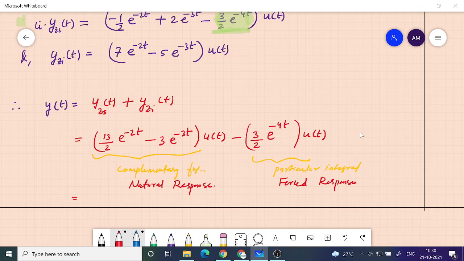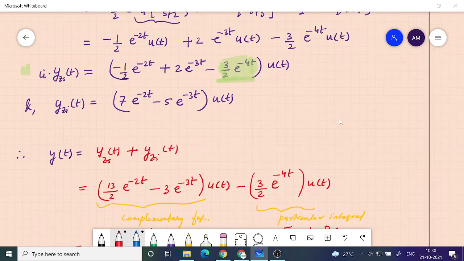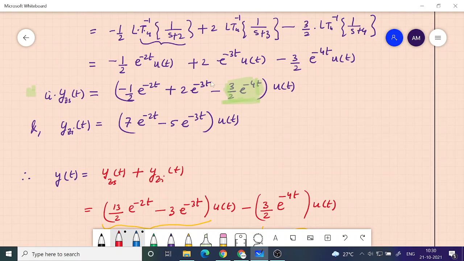This is y. So the way I have written, this is natural response plus forced response. This way also I can classify, but what is more important for a system is zero state response and zero input response. So that is why we prefer this method.